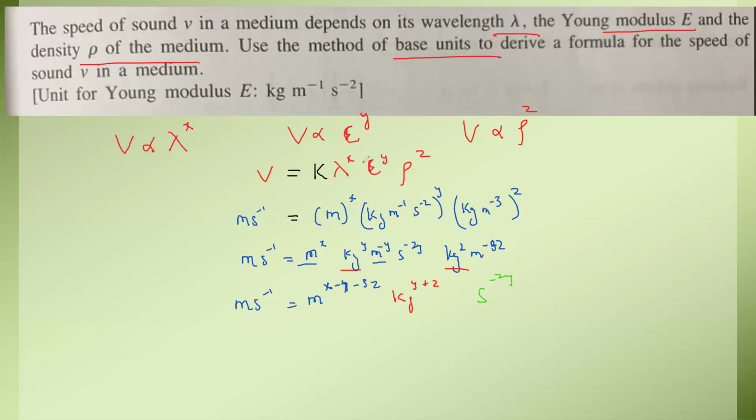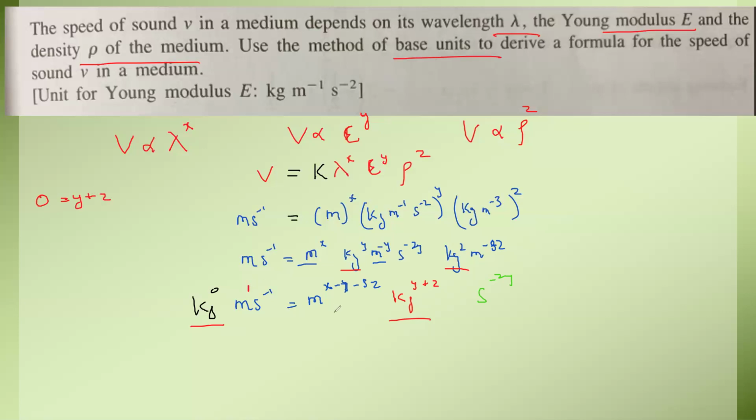Now we'll compare their exponents. In this equation, kg does not have any unit on the left hand side, so the kg on the left hand side is 0. So we compare the power of their units: kg is 0 here and kg is y plus z. So we can say 0 is equal to y plus z. That is equation 1.